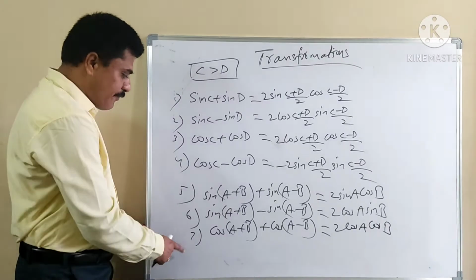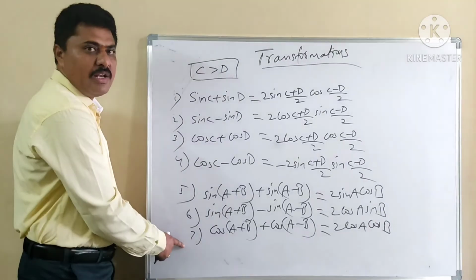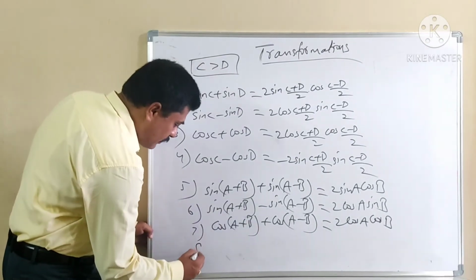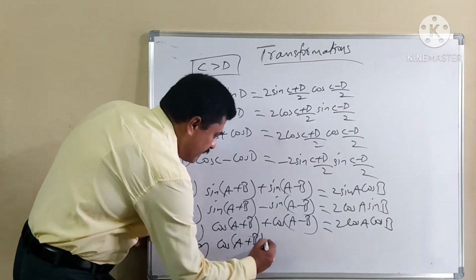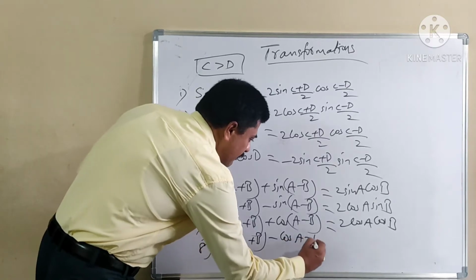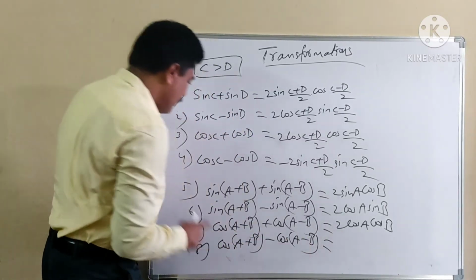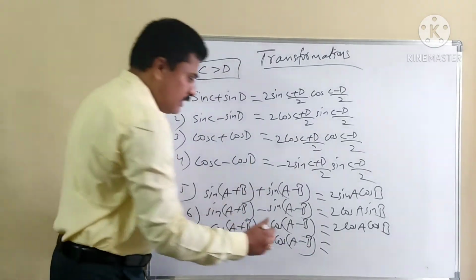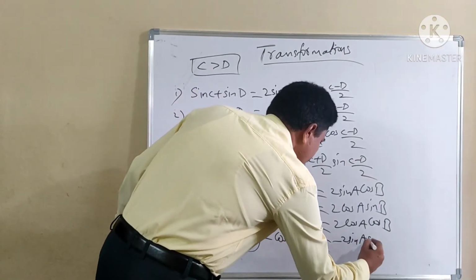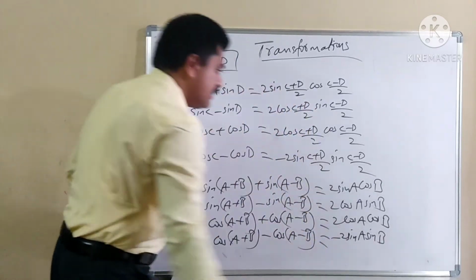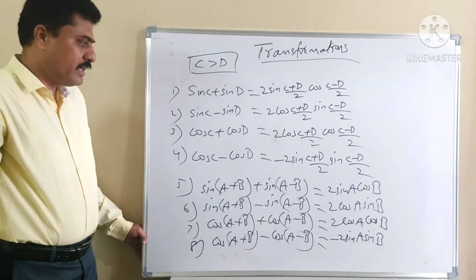In the same way, when we take the negative, cos (A plus B) minus cos (A minus B) gives minus 2 sin A sin B. Understood?